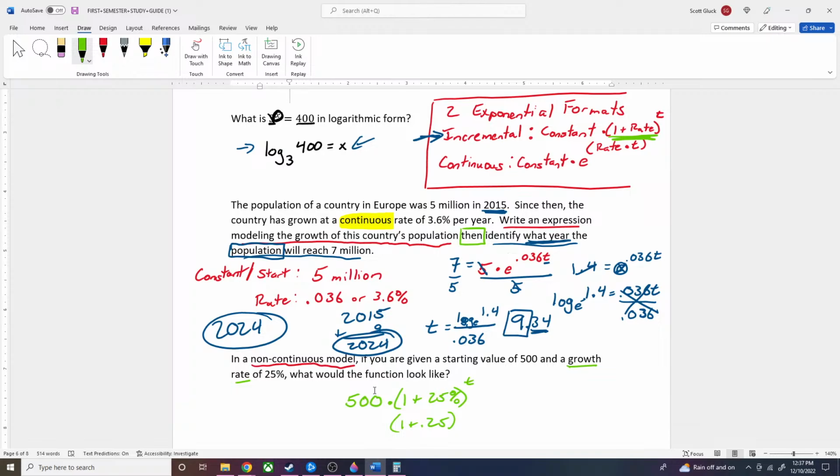Or x, or whatever your variable is. That's it. 500 times 1.25 to the x power. Ta-da! You're done. Super easy stuff, right? Nothing too crazy, nothing too complicated.